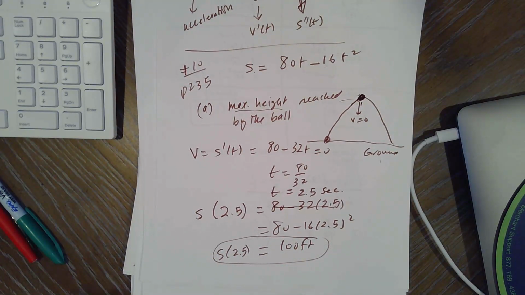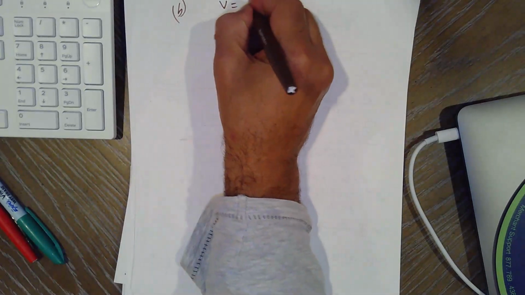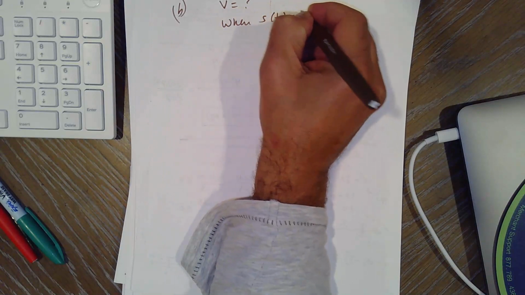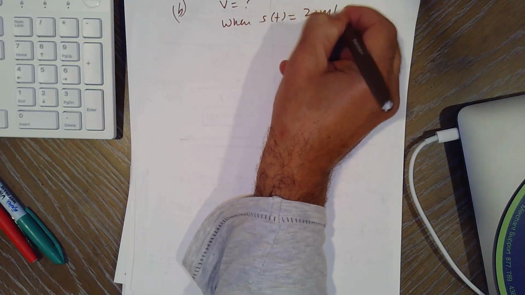Okay, part B. What is the velocity of the rock when its height is 25 meters on its way up and on its way down? What's the velocity of the rock when its height is... So basically we want v when s is 20 meters per second.